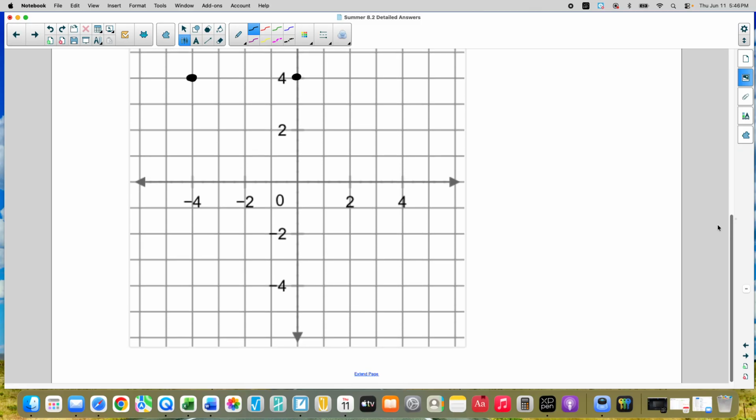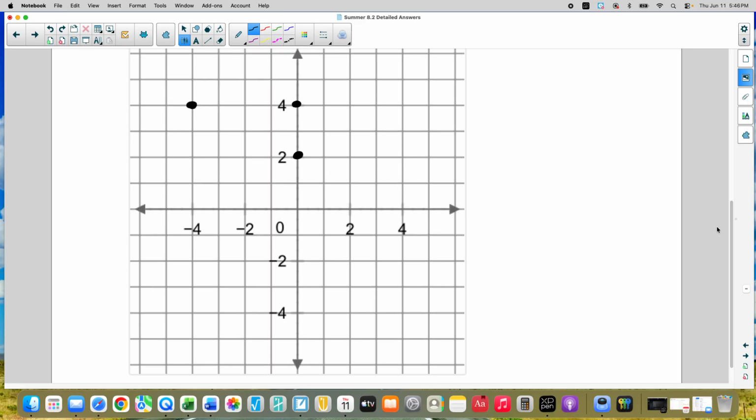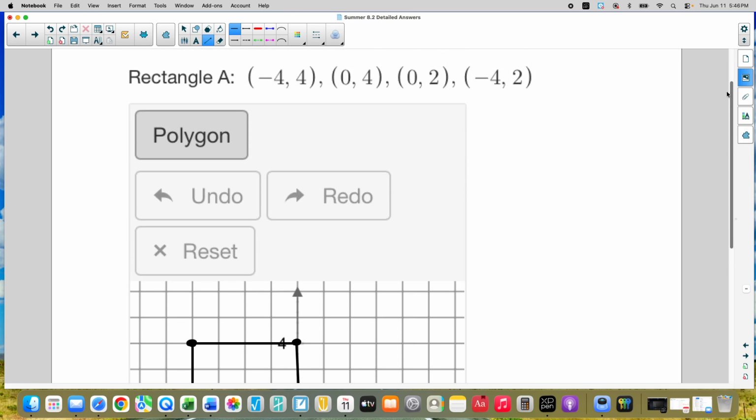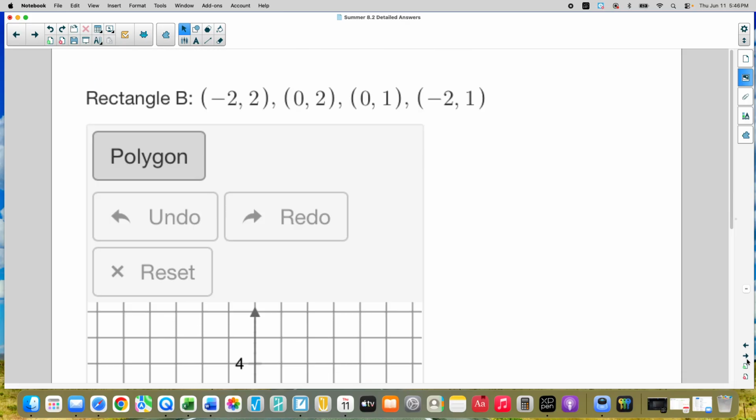And then we have 0, 2, 0 on the x, 2 on the y, and then negative 4, 2. So here's my rectangle drawn correctly, and that's it. That's all we needed to do. That was kind of nice and easy. Okay, all right, let's see what the next question is.